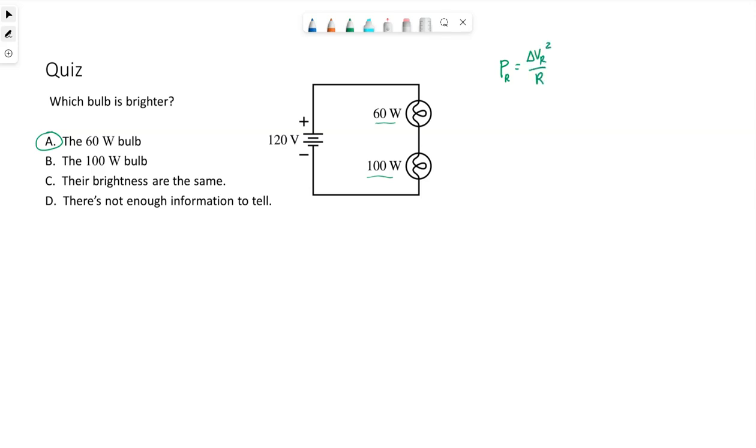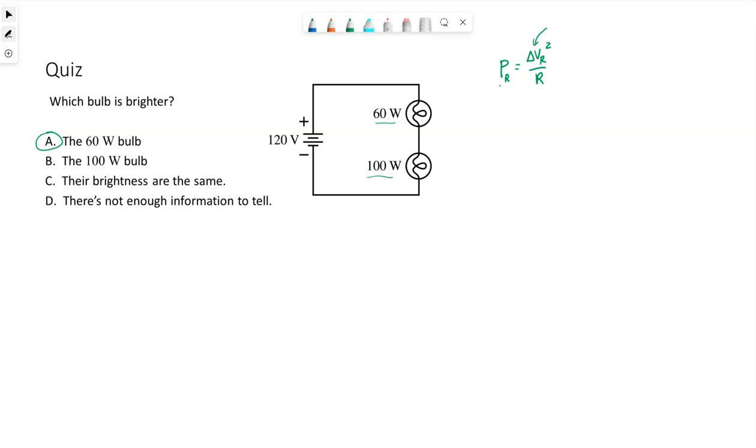Power rating is based off of assuming they're going to be attached individually to the same power source, meaning we assume that they're going to have the same delta V.